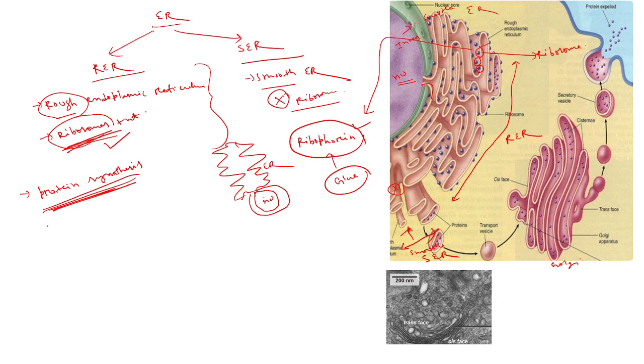In the NEET exam, two types of questions can be asked. If the question is which organelle helps in protein synthesis, the answer will be the ER. But the second question is, what is the site of protein synthesis?